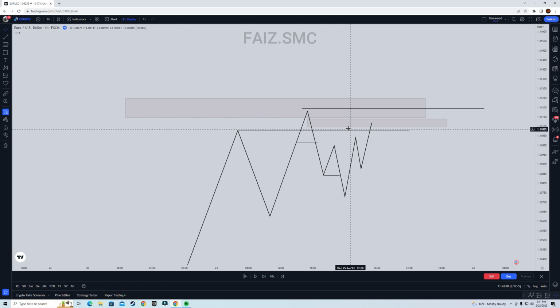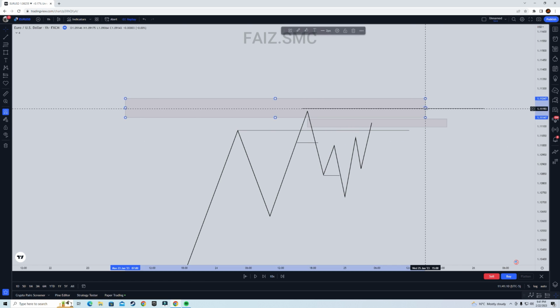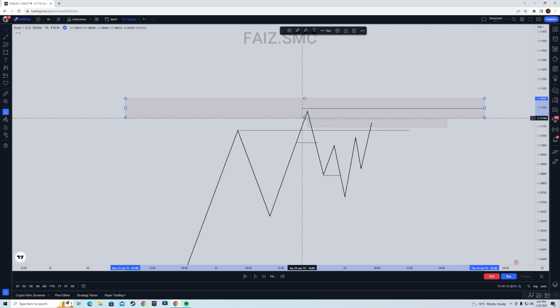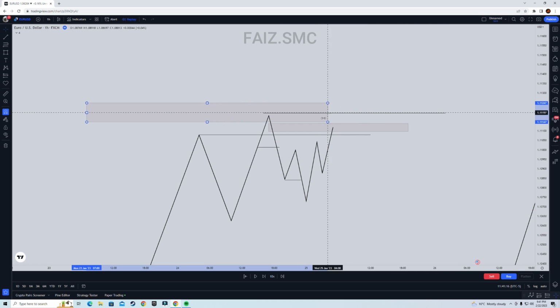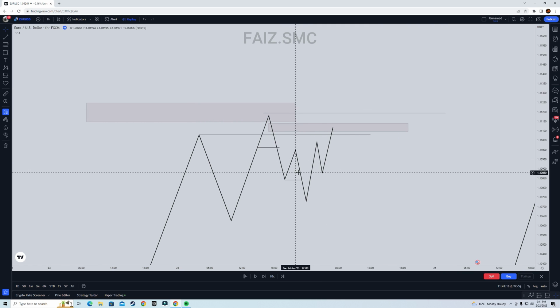Okay, it could be a breaker block, and when price comes here, you can then look for the setup. So when you add a lot of confluences like this, there's no way that you're going to lose this trade. Well, of course, there are no guarantees, but you are just simply increasing the chances of that trade being a winner.